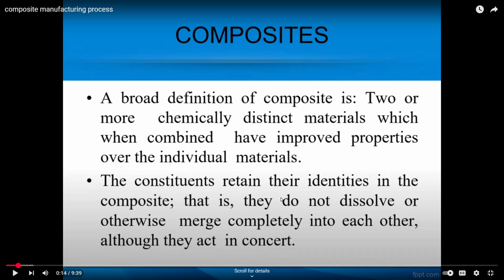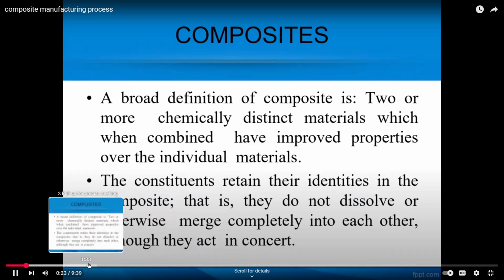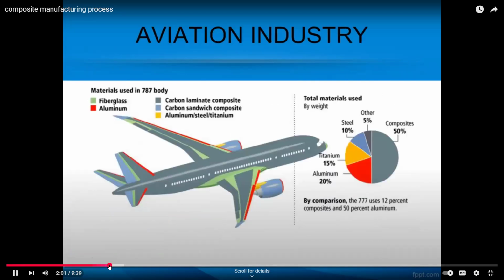Composites are made of a lot of different fibers and resin systems, and there are also a lot of different ways of manufacturing. Generally, nowadays it requires material which is lighter. I will just go through quickly. The aviation industry is where composites have been applied and developed a lot, in aerospace and airplanes and so on.